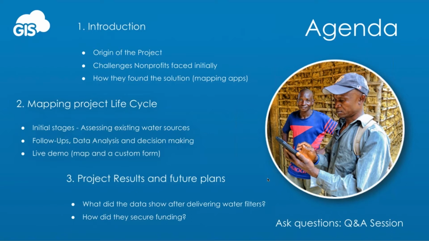You will also see a live demo of the project. We will show you one map which has intersected many projects, so you can have a clear overview of the data. And we will also show you one custom form, a survey they conducted throughout entire Liberia. And in the end, you will hear about the results and how these results help them to get fundings.